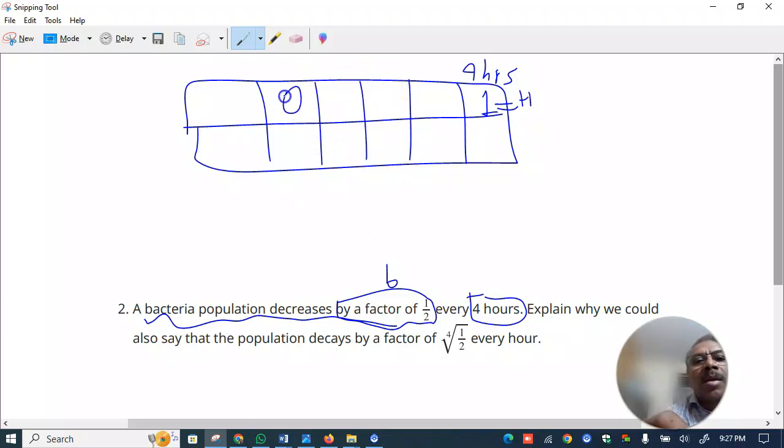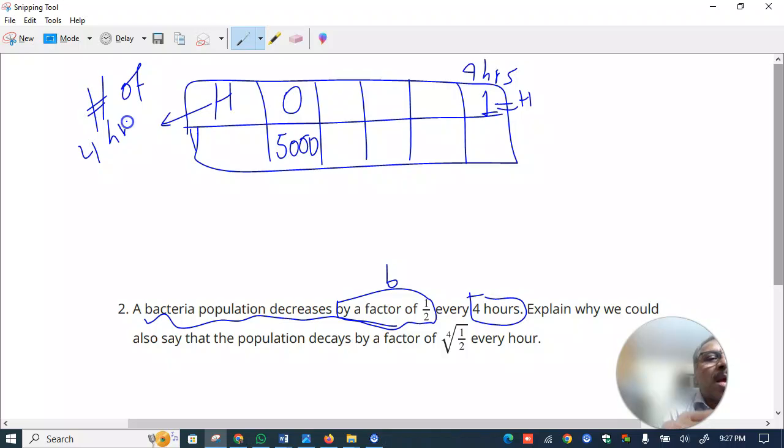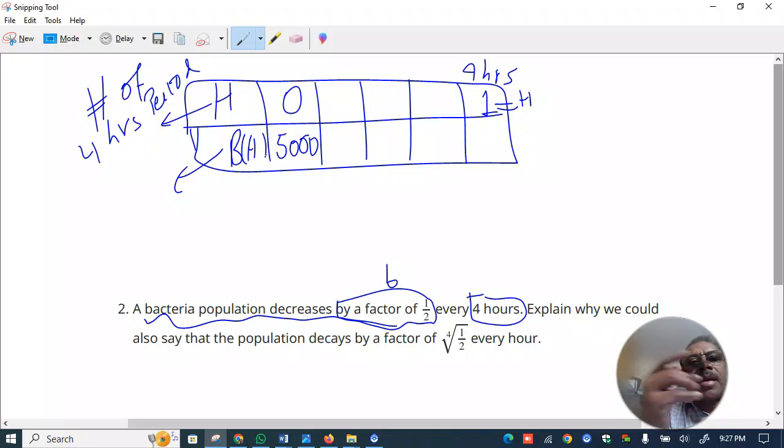In the beginning, maybe there was a 5,000 population. Bacteria was 5,000, and H is the number of 4 hour periods. This is the bacteria, B of H. So the population of bacteria depends on how many 4 hour periods are done.